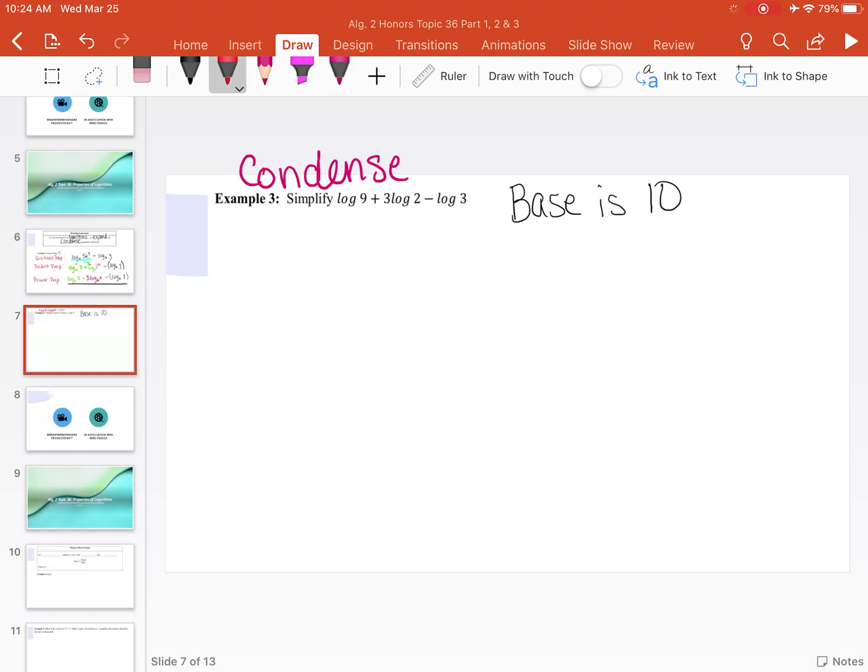We can first use the power property, because notice how we have this 3 right here. We can bring that back up, and that would be my exponent there.